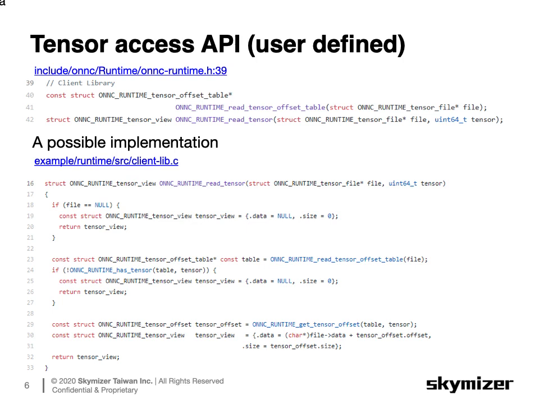To access tensor data, ONNC runtime makes use of two functions which have to be defined by users. They are read tensor offset table and read tensor. Read tensor offset table is used to read the offset table from a tensor file structure, and read tensor is for reading a single tensor.